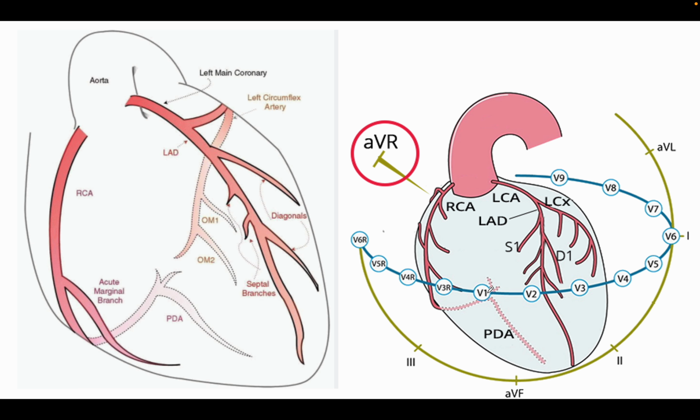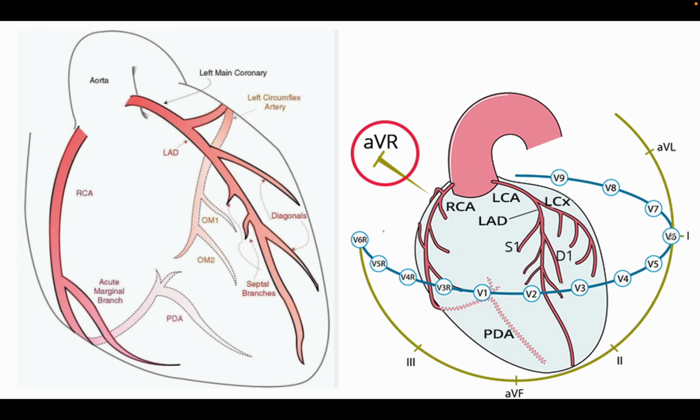So if we focus on the precordial leads first, V1 to V4, we can see that they surround the heart anteriorly, and the LAD supplies the anterior wall. So if you see changes in leads V1 to V4, that could suggest there's something going on with the anterior wall.